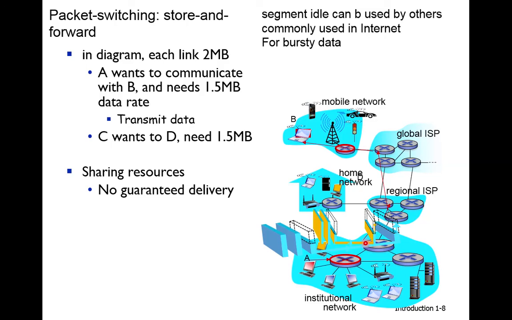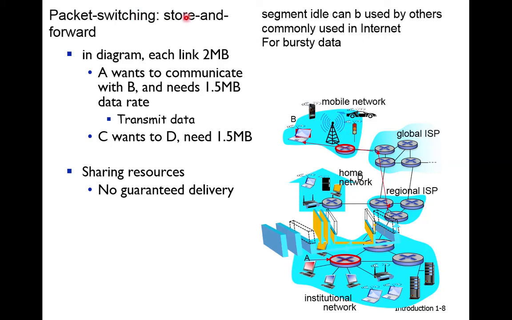It may happen that you will not find the time to move in one day or two days, maybe the road is blocked. If the segment is idle, it can be shared by others. For example, if A is not sending data, then this link will be used by C to send its data. So the packet switching technology uses store and forward.